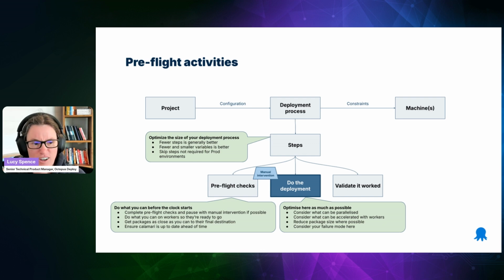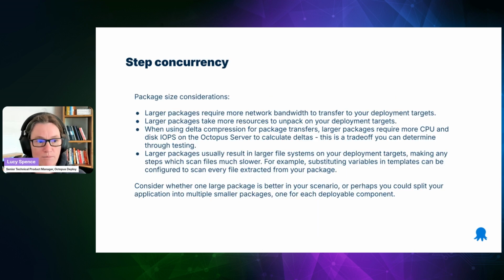It goes without saying, reduce the package size where possible. This does ladder back up to how you want to think about your projects and whether you can split out various different components for packages, but also consider your failure mode. I'll talk about that in a moment, because we've got a couple of configuration tweaks that you might want to make there.